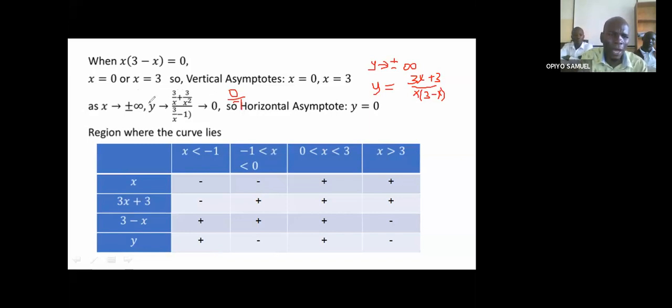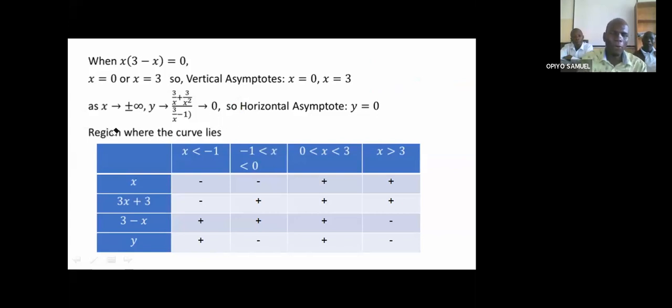That's why the function y will tend to 0, and the line y equals 0 becomes the horizontal asymptote. So that's how we get the lines of asymptotes. And this is one of the important aspects that you must investigate when you are sketching a curve. That is now the third area.